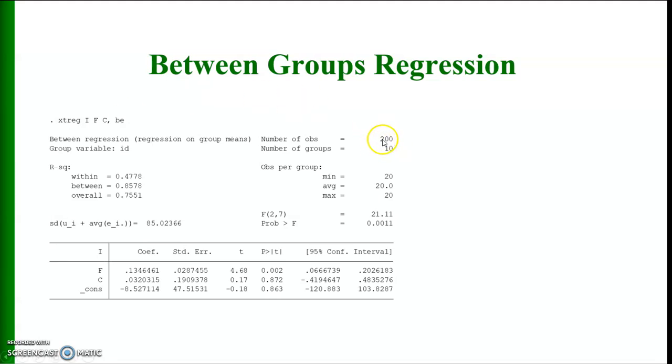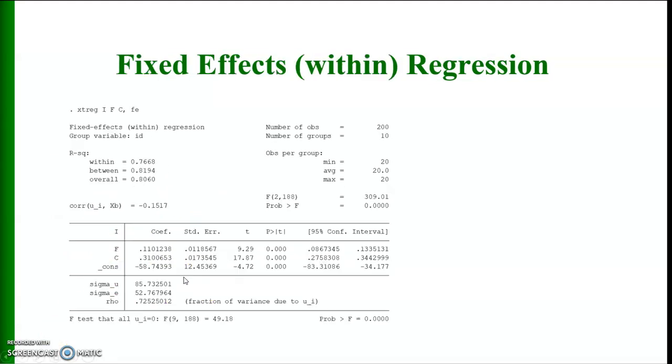The total number of observations is 200, and the number of groups is 10. This is the F stat value, and these are the coefficients, and we can compare these coefficients with the other models that we will be estimating. So keep in mind these coefficients and their standard errors.